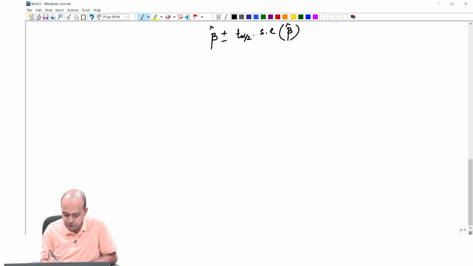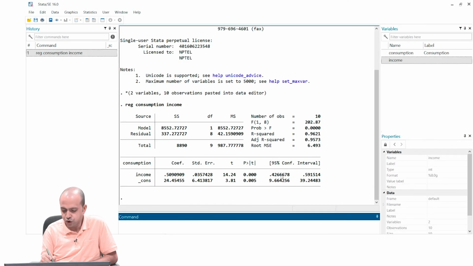Sometimes by mistake, we estimate the interval and we see whether this beta hat is actually lying in this interval or not. For example, here after estimating the interval, you will see that your beta hat 0.50 is lying in the interval, and as I said, the decision making rule says when the interval captures the value, then you do not reject your null, and if you do not reject your null, then your variable would be insignificant.